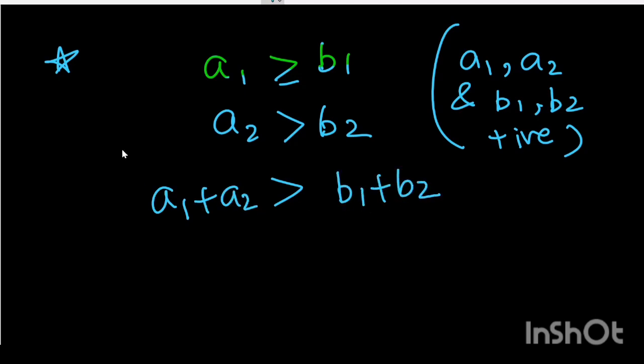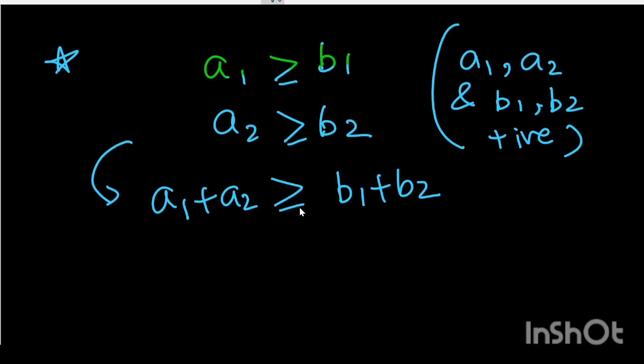When A1 and A2 are both positive, it will hold. This is for greater than, when both the inequalities are greater than. If equality is there in both the inequalities, equality will also come.